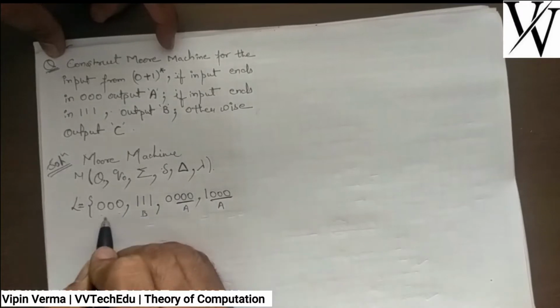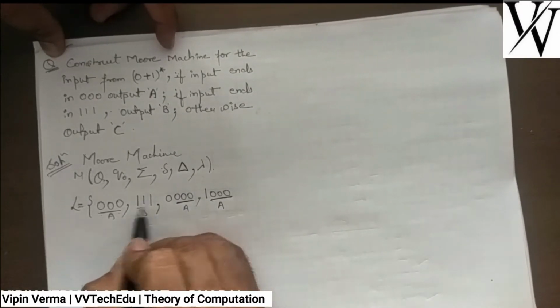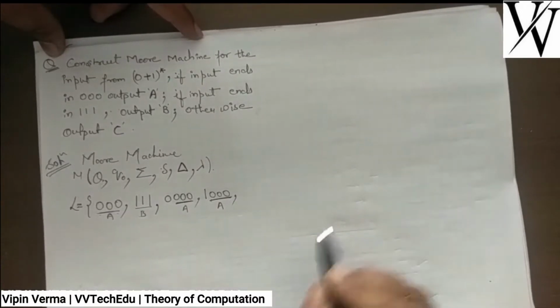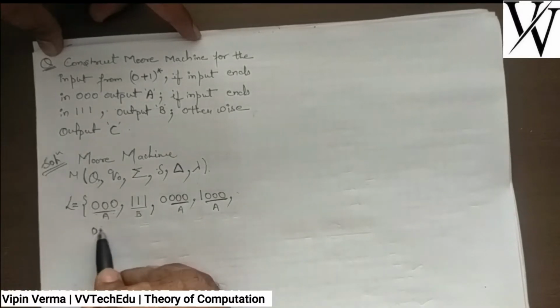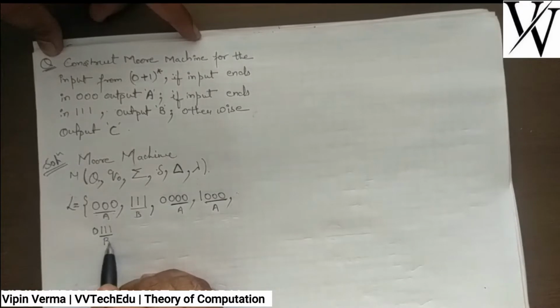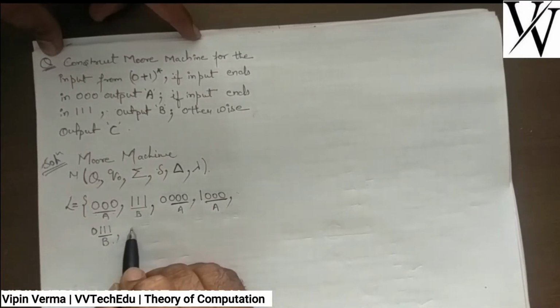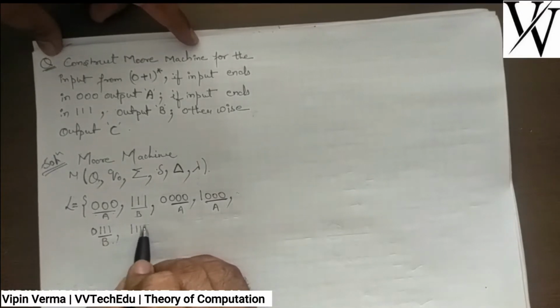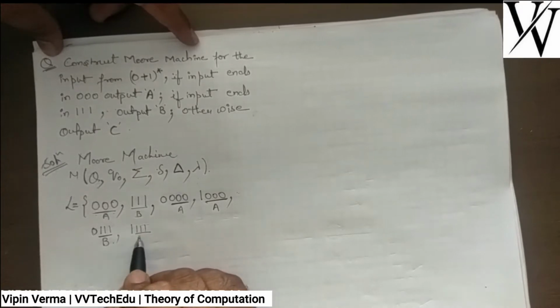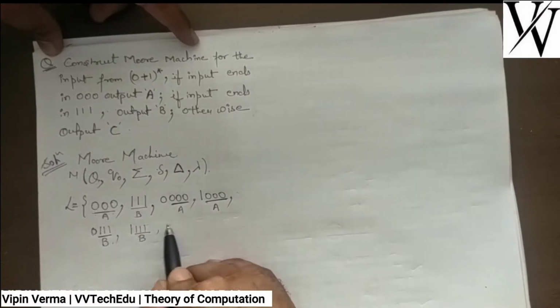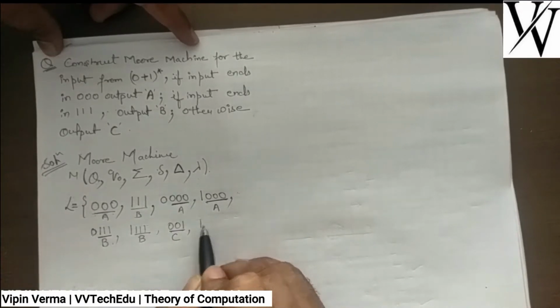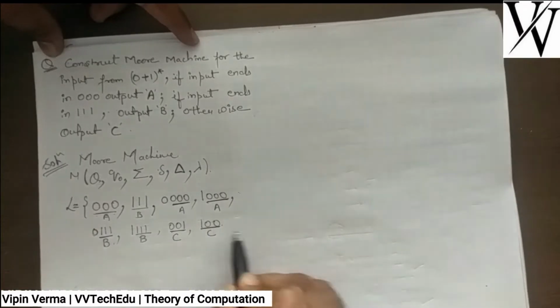So we can say, or you can also say that if we have the string as 0111, so this is also generating the output B. Okay, then 1 followed by 3 times 1, this also generates the output called B. Otherwise, if the string is of this kind, so the output will be C. This also generates C, and so on.